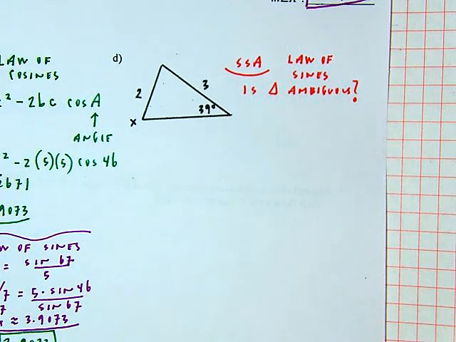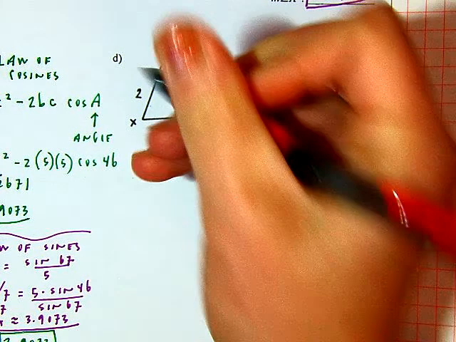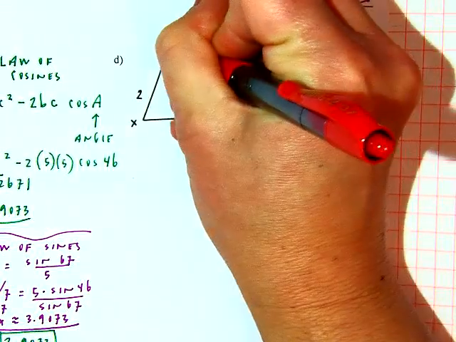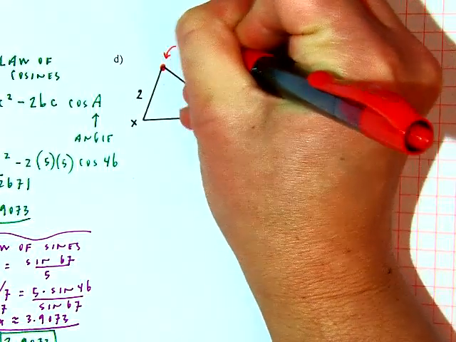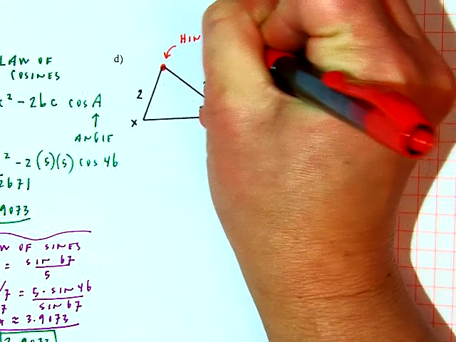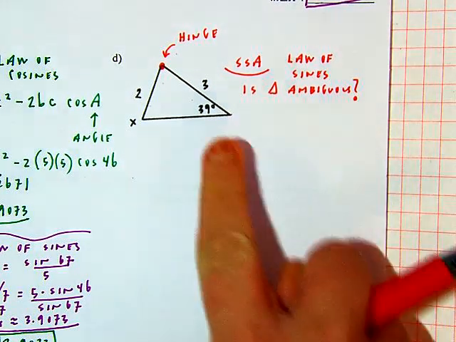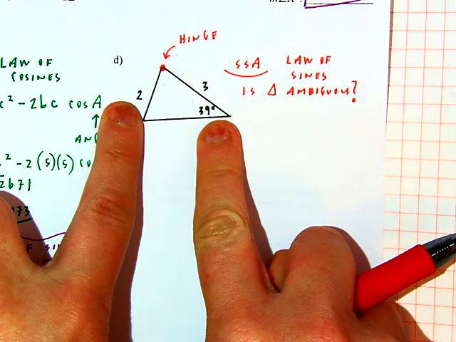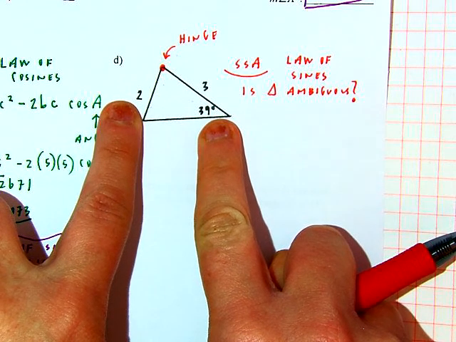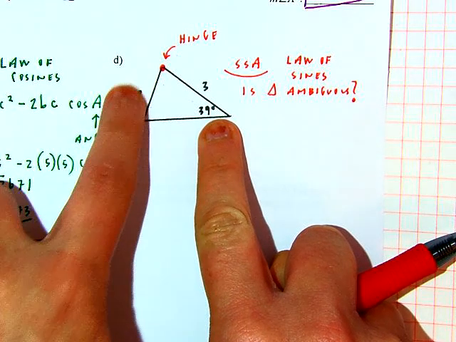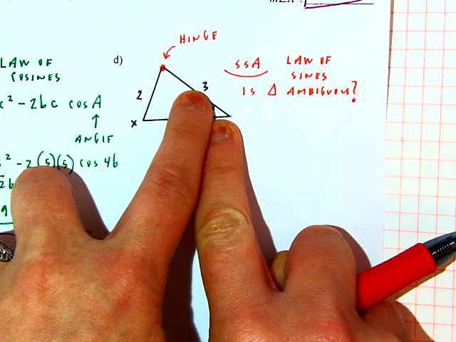So if it is, where would be the hinge? Right here. The hinge would be right in between the two known sides. Okay, so now I'm looking at the angle and the side opposite right here. And I'm looking at what is the measure of this side in relation to the other marked side.